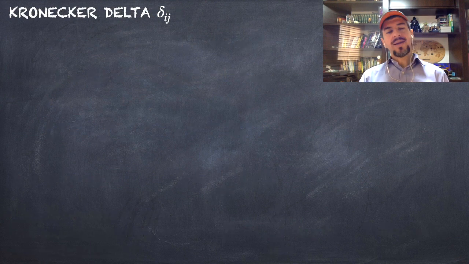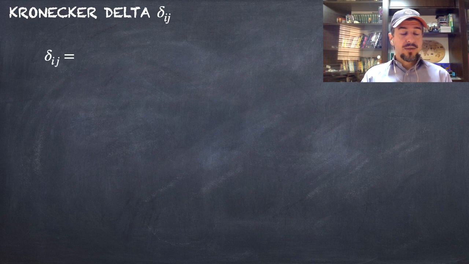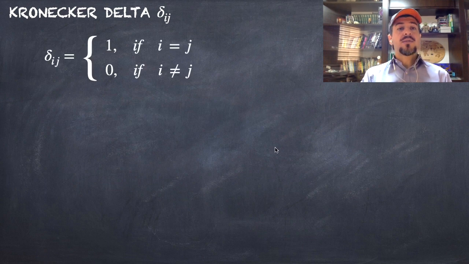Okay, now we are ready to discuss the Kronecker delta, delta_ij. Delta_ij is equal to 1 if i and j are equal, or it is equal to 0 if i and j are different.